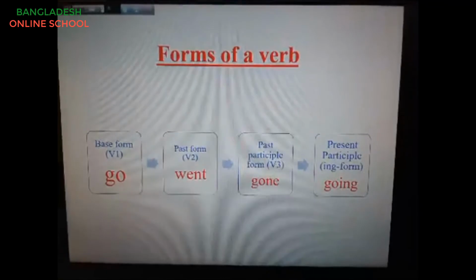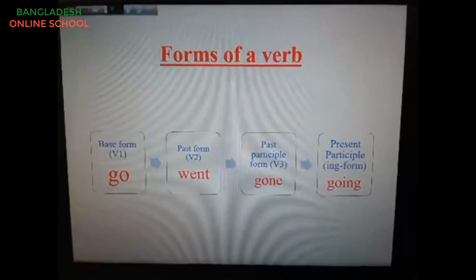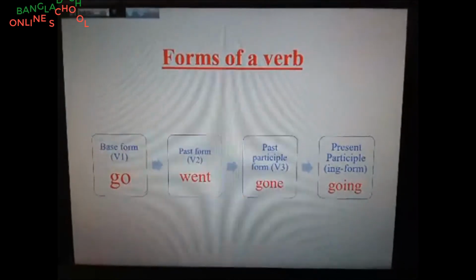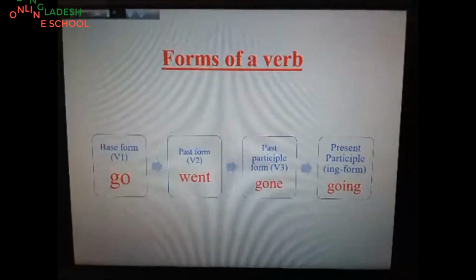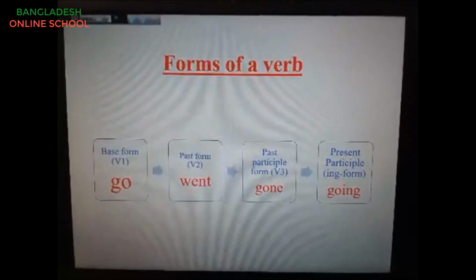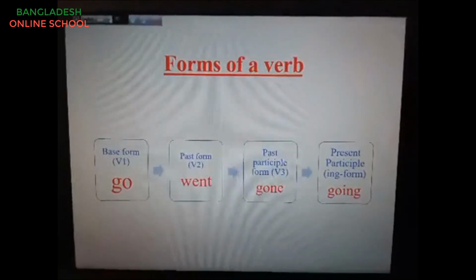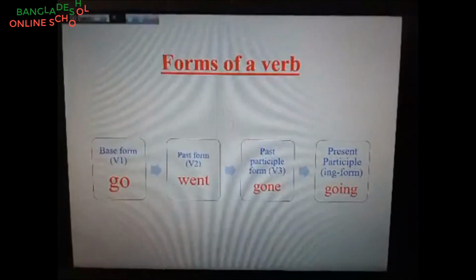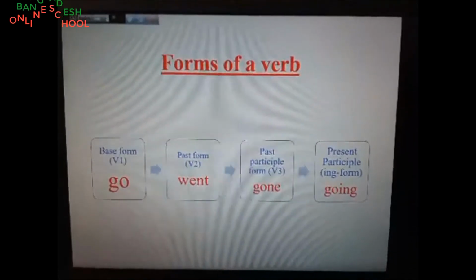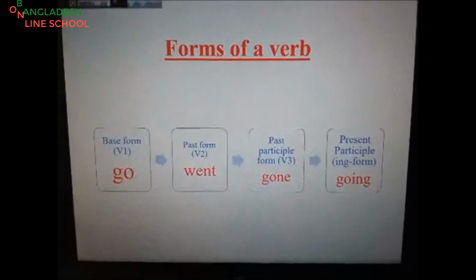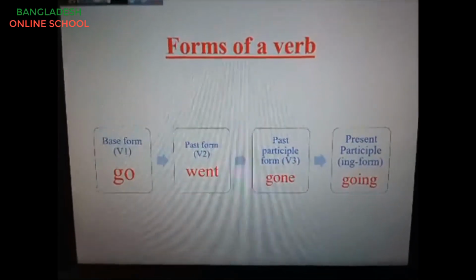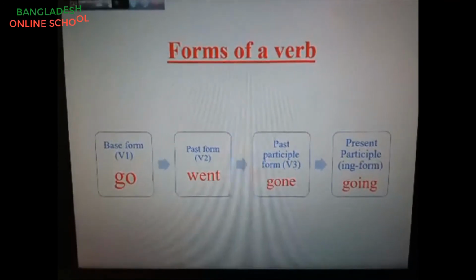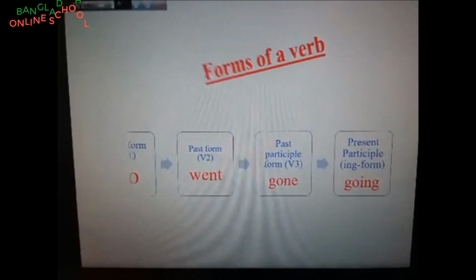One is base form, past form, past participle form and present participle or ing form. In the previous classes, I discussed base form, past form and past participle form. In this class, I will discuss where and when present participle form or ing forms of verb are used. Okay, let's see.